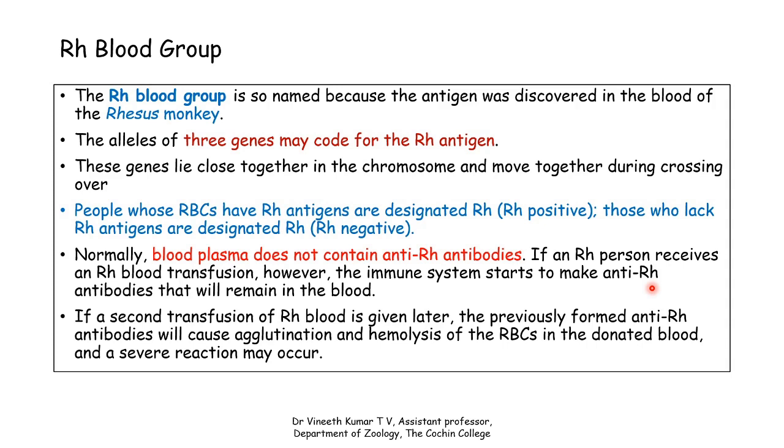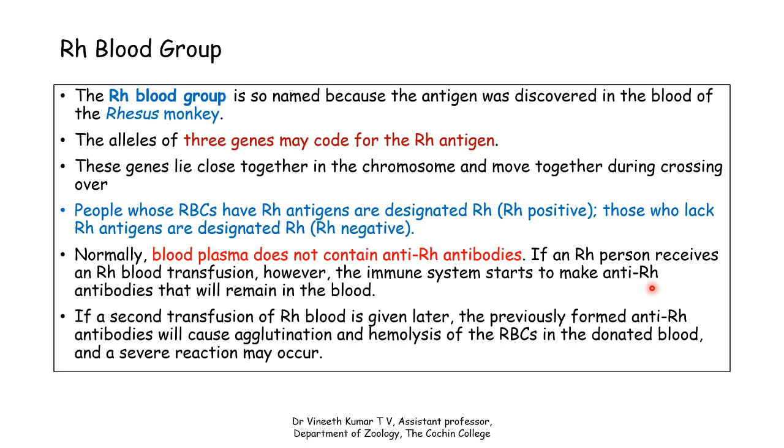If an RH negative person receives RH positive blood by transfusion, the immune system of the negative person will start making anti-RH antibodies that will remain in the blood. If a second transfusion of RH positive blood is given later, the previously formed RH antibodies will cause agglutination and hemolysis of the RBCs in the donated blood, and a severe reaction may occur.